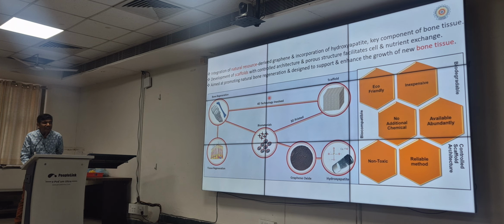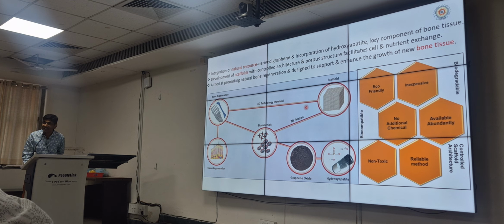And now a new thing has come, that is the 4D technology, right? Now, if we want anything in 3D, we have to go for some manufacturing technology that has control over making in 3D. And the most advanced method we are dealing with is 3D printing, right? But that is also not the most advanced.